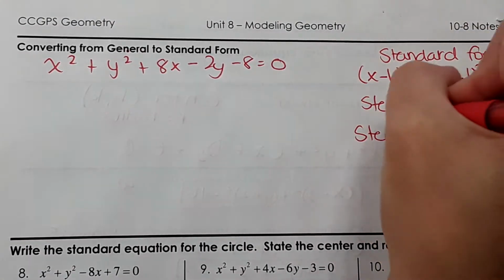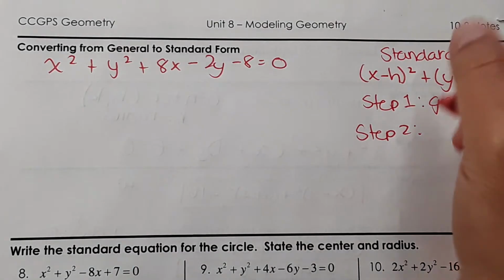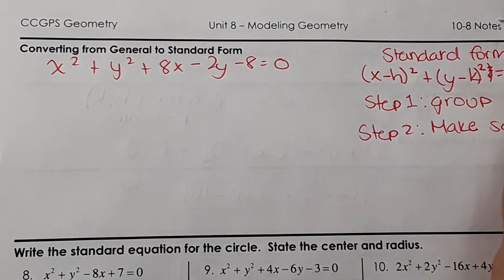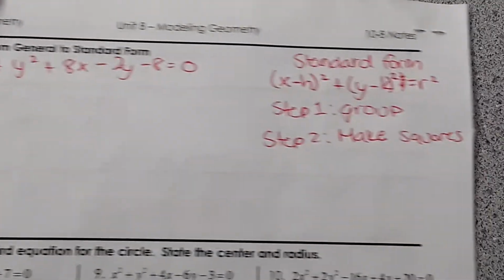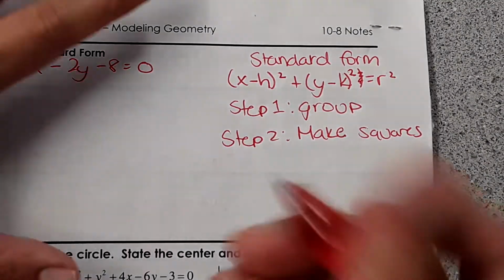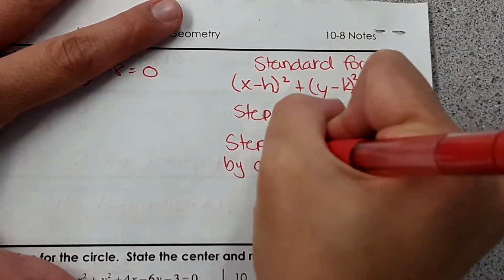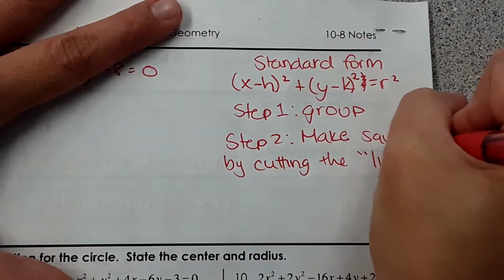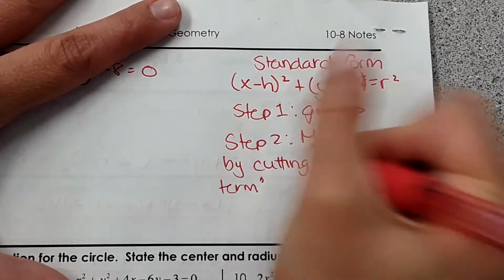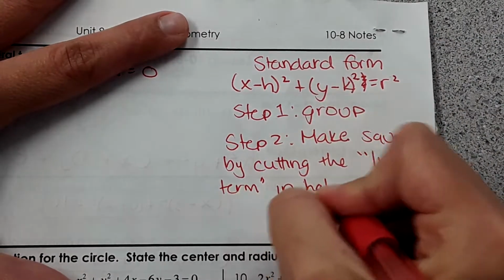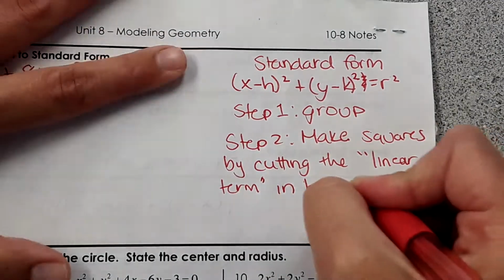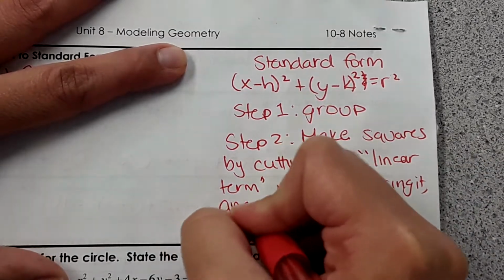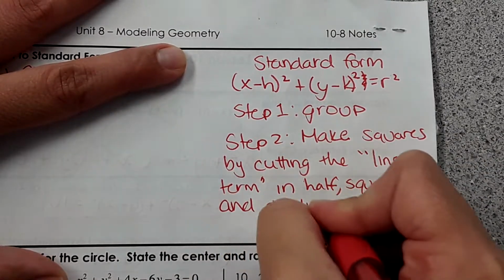And step 2, this may not make sense until I show you what it means, is make squares, by cutting the linear term in half, squaring it and adding it to both sides.